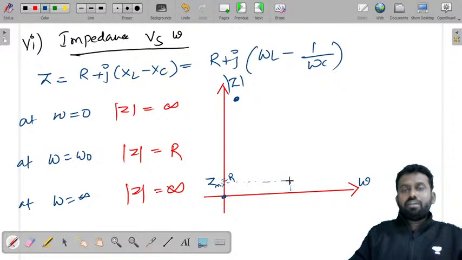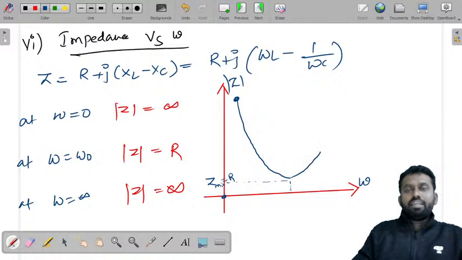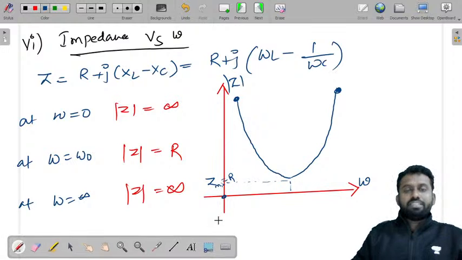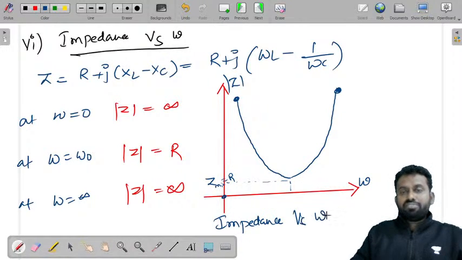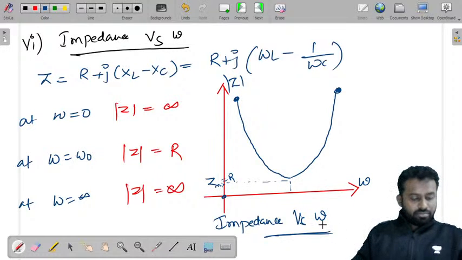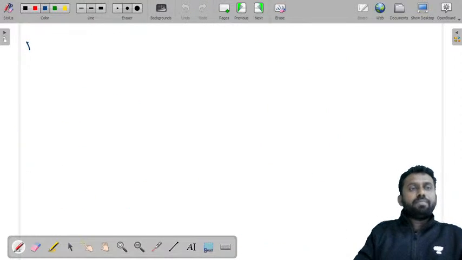What is that value? R. And you can draw a curve like this, and then again it is increasing to infinity. Yes, this is the impedance versus frequency curve.